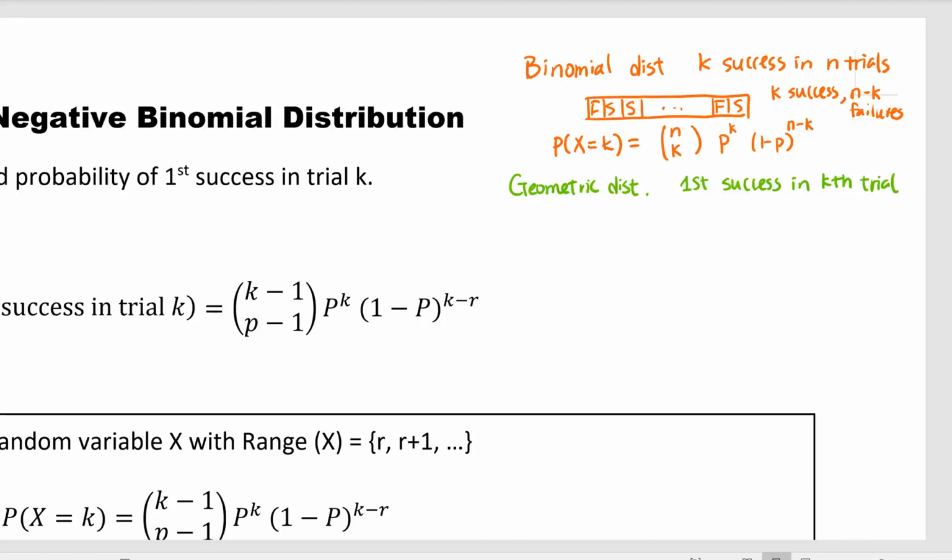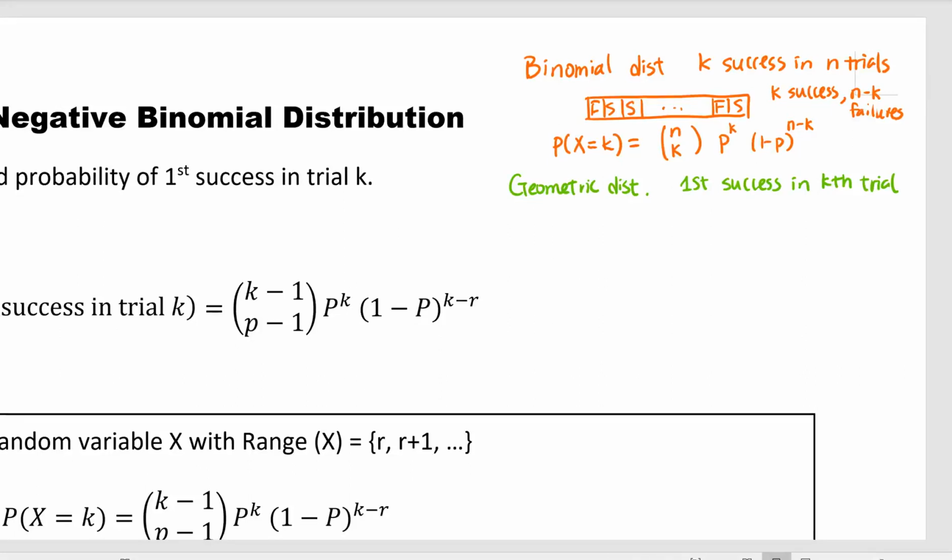In this case, the number of successes is fixed, that's 1, and the number of trials varies. It could be 1, it could be 2, it could be very big. Unlike the geometric distribution, in the binomial distribution the number of successes varies and the number of trials is fixed.